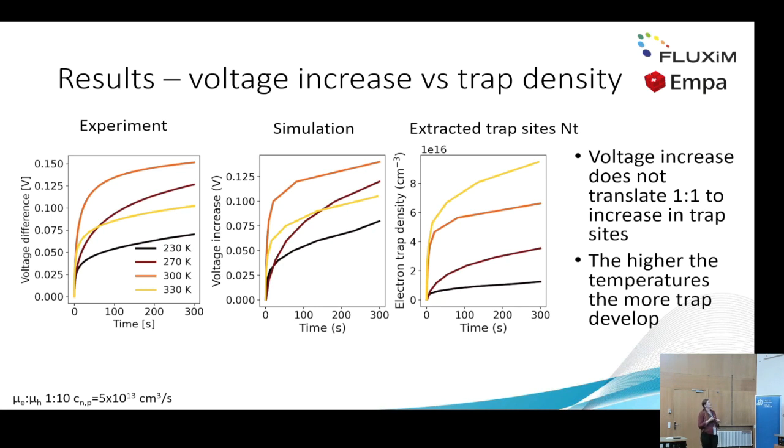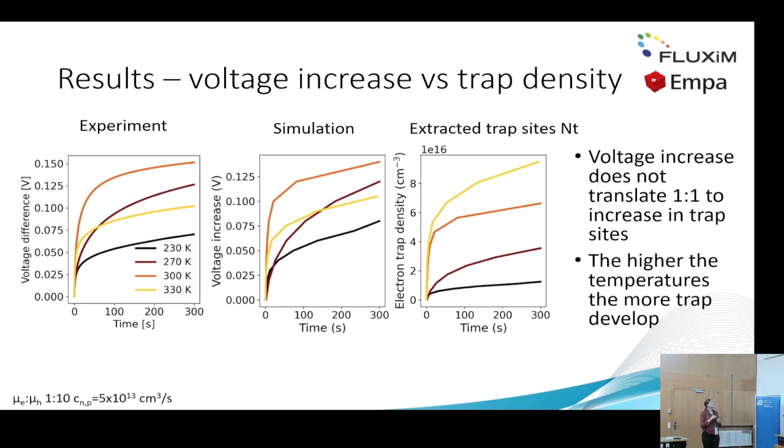Now we can actually simulate these results, and we get the graph here in the middle, so it's quite close to what we measured. But when we take a look at the trap sites that are developing, we can see that we have a monotonously increasing number of trap sites. So the highest density of trap sites evolves at 330 Kelvin.